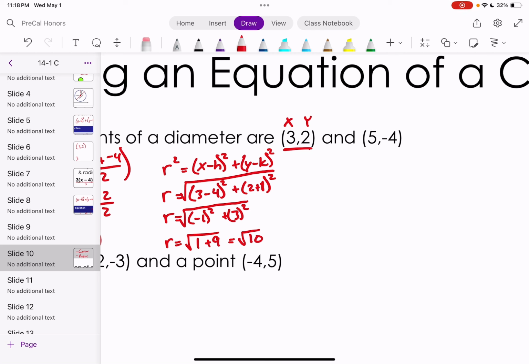Our equation would be x minus 4 squared plus y plus 1 squared is equal to 10. And that would be our equation.